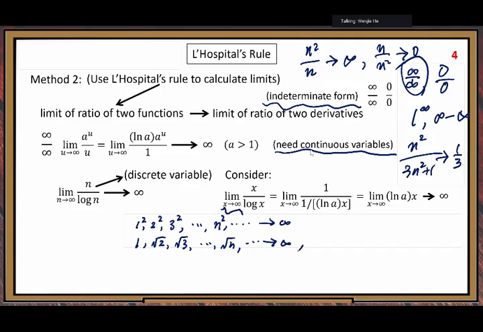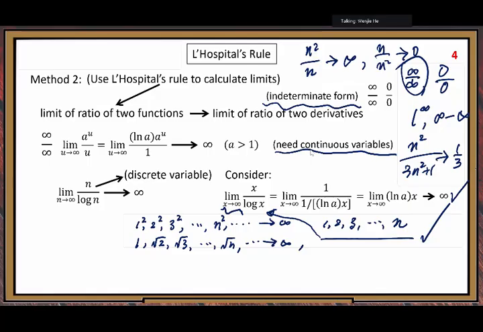how about we choose the special sequence 1, 2, 3, the consecutive integers? It's also okay, right? When we look at the limit, infinity, it's also correct based on the definition of limit.